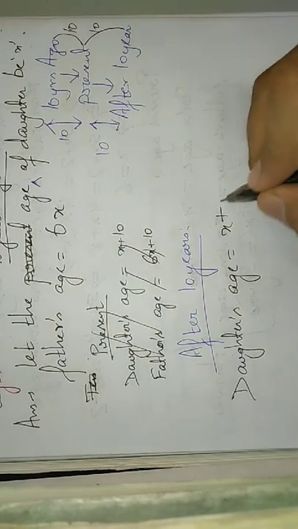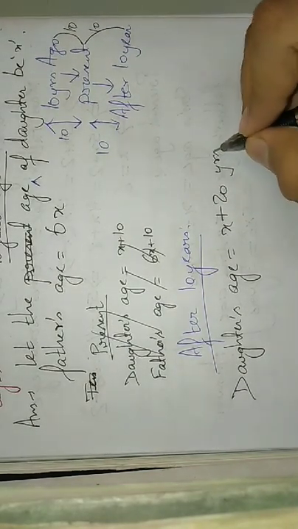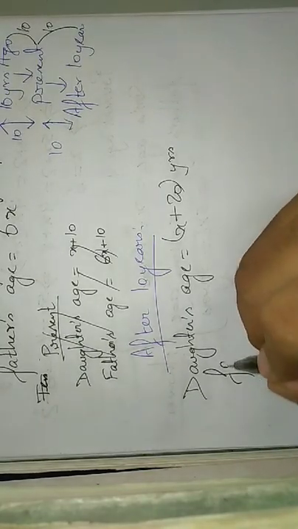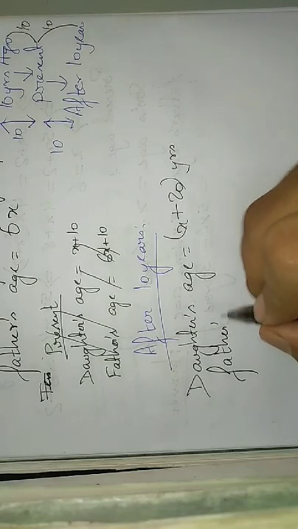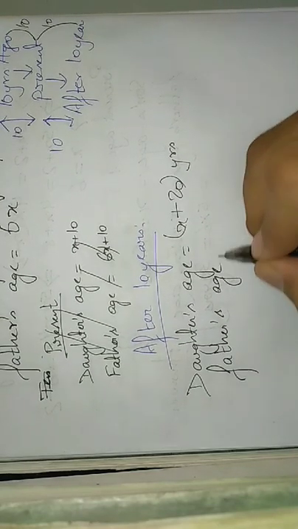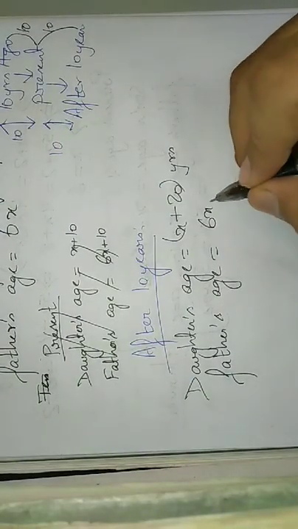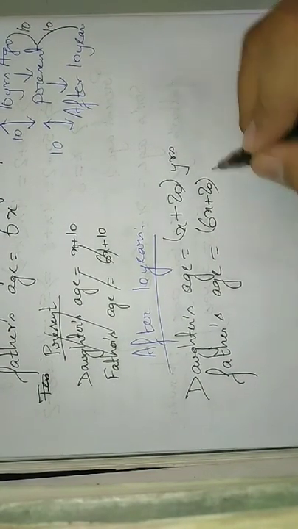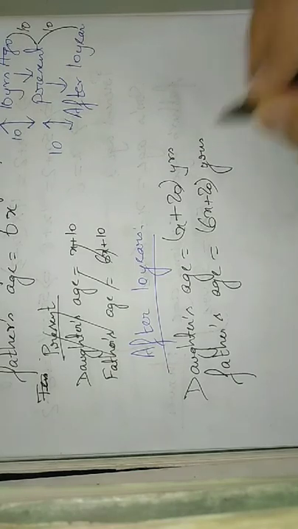So we will be writing over here 20. x plus 20 years is the age of daughter. And what about father? Father's age was 6x, right? So he will be written as 6x plus 20 years, right?